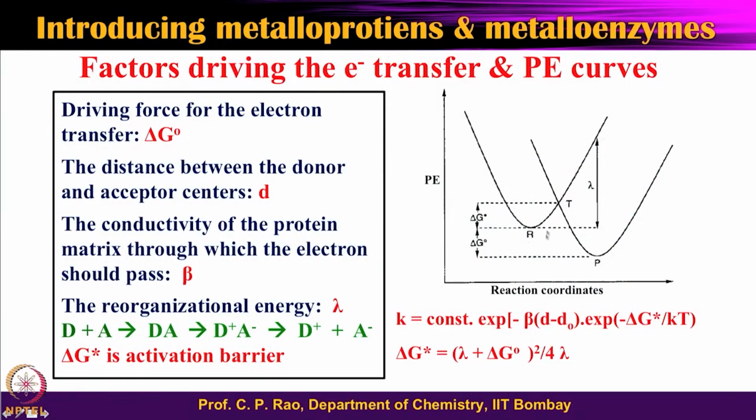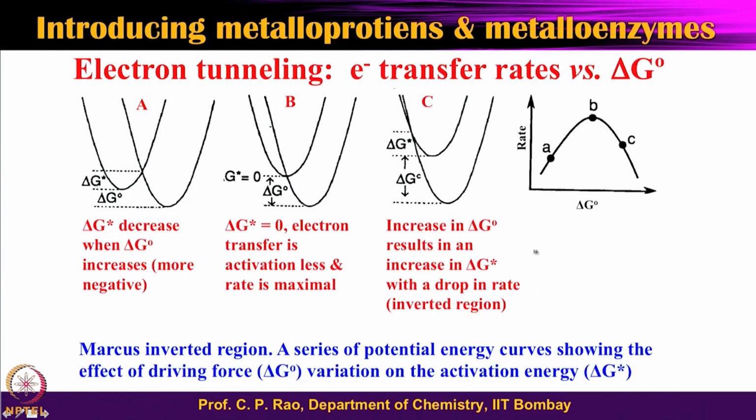So, therefore, let us look at the cases where you have the rate of the reaction versus the delta G naught. And so, therefore, we can try to look at this particular comparison. Now, here you see this is the delta G naught and this is the delta G star.